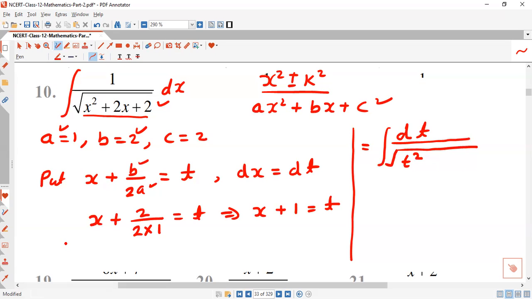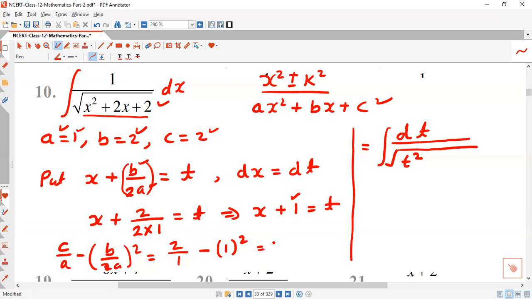We will calculate this value: c upon a minus b upon 2a, whole square. c is 2, a is 1, minus b upon 2a, which we have already calculated, is 1, so 1 square.